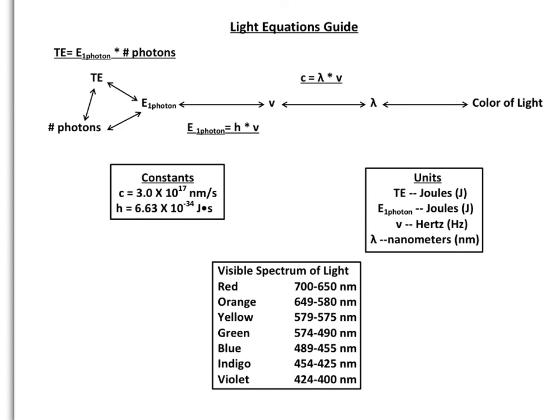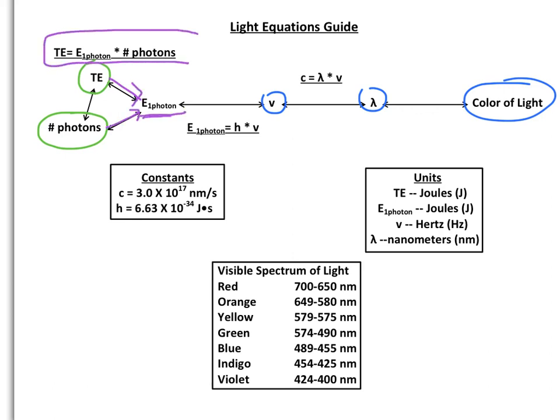Okay, so just to summarize the video, you don't need to write a summary for these notes, but I do want you to recognize what it is you just accomplished. In the problem, it gave you the total energy and the number of photons. It wanted you to find frequency, wavelength, and the color. So what we had to do was first find the energy of one photon using this first formula here.